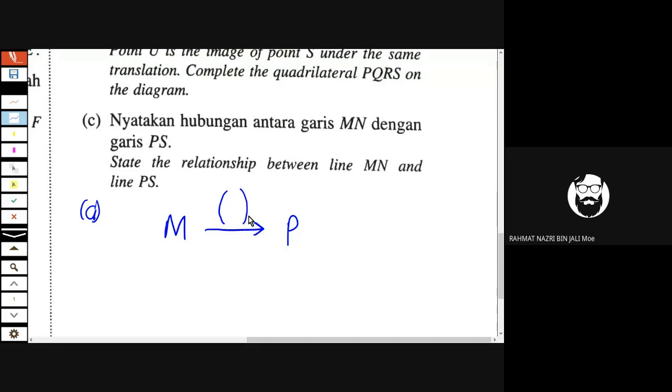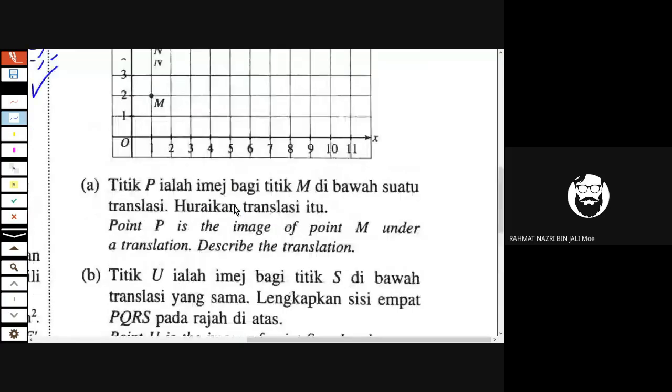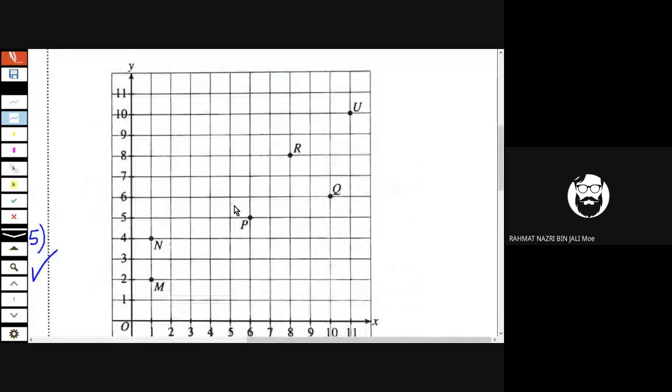Okay, kita ready dengan ini, bentuk ini. Kemudian kita refer to the diagram. Start from M, because M is the object. So we count how many boxes: 1, 2, 3, 4, 5. For the horizontal distance, 5.